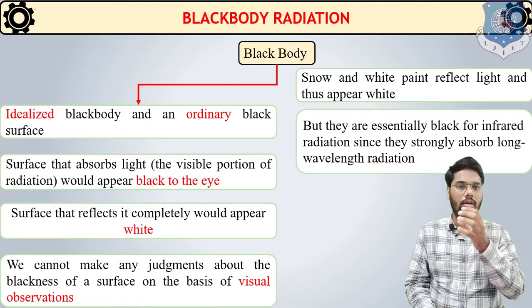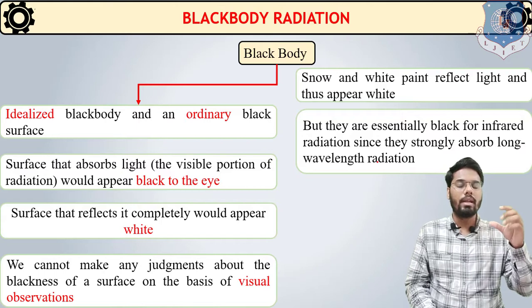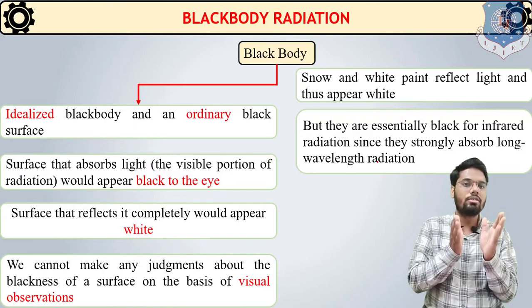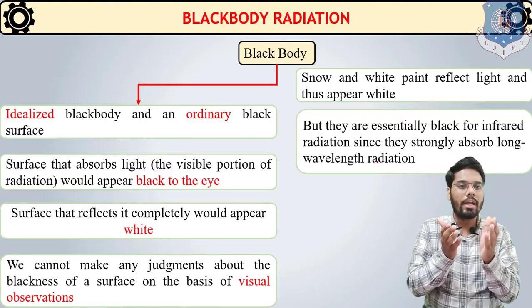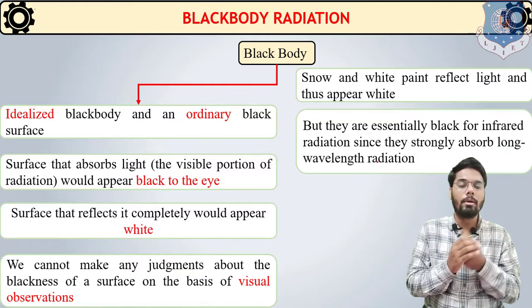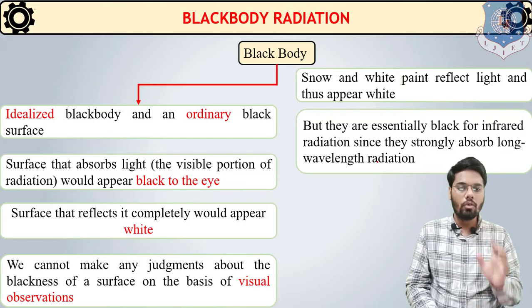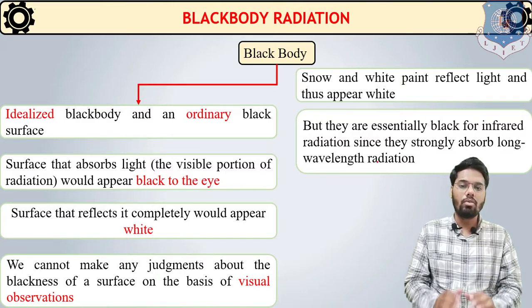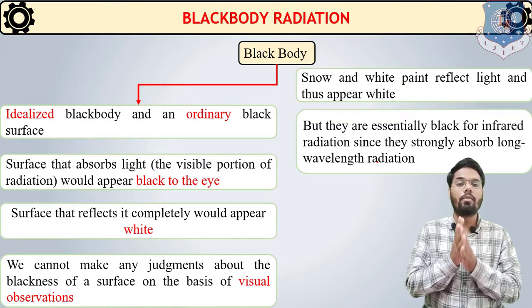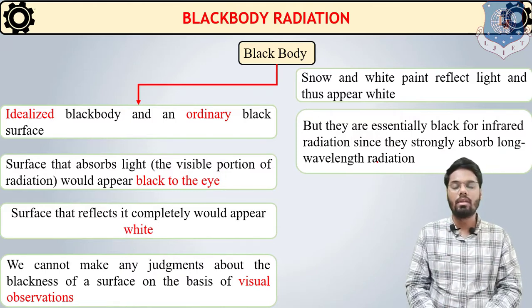So for the infrared range of the spectrum, snow and white paint are black, but for the visible range they appear white to our eye. So we cannot judge the blackness of a surface by visual observation.